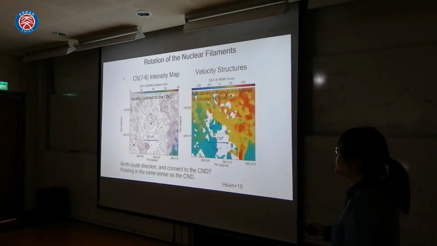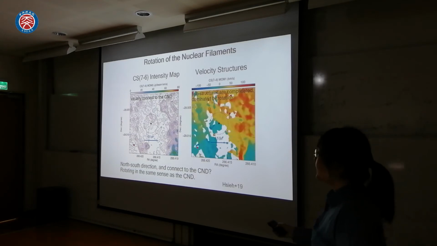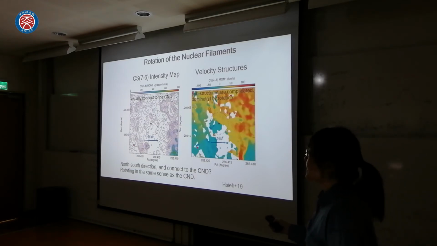Here, this is an integrated density map of the central concentration, and this is a velocity map. Although the velocity structures are pretty complicated in this region, overall the central concentration correlates with the CND and has a relatively north-south orientation. It's interesting to see whether this is connected to the CND.